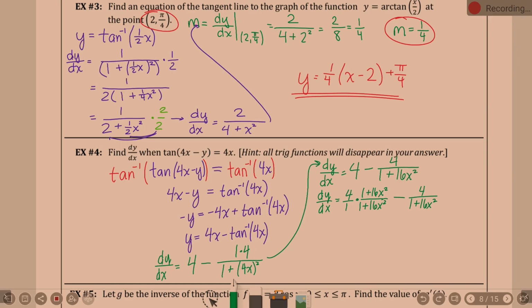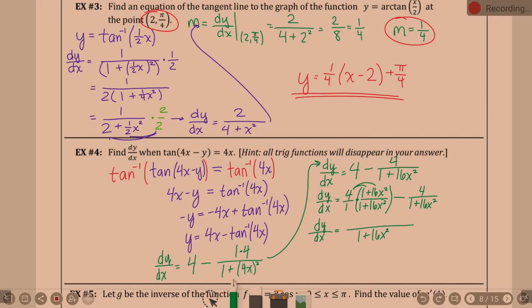Did I make sense of what I did there? If we put this all together as one fraction, my denominator is 1 plus 16x squared, right? If I put my top together, I'm going to have to take that 4 on the first piece and distribute it.